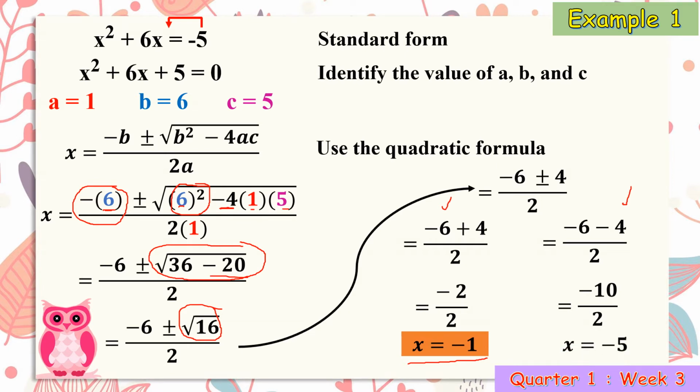And then when we simplify, that will give us the value of x, which is negative 5. So therefore, our x sub 2 is equal to negative 5. So the roots of the given quadratic equation x squared plus 6x is equal to negative 5 are negative 1 and negative 5.